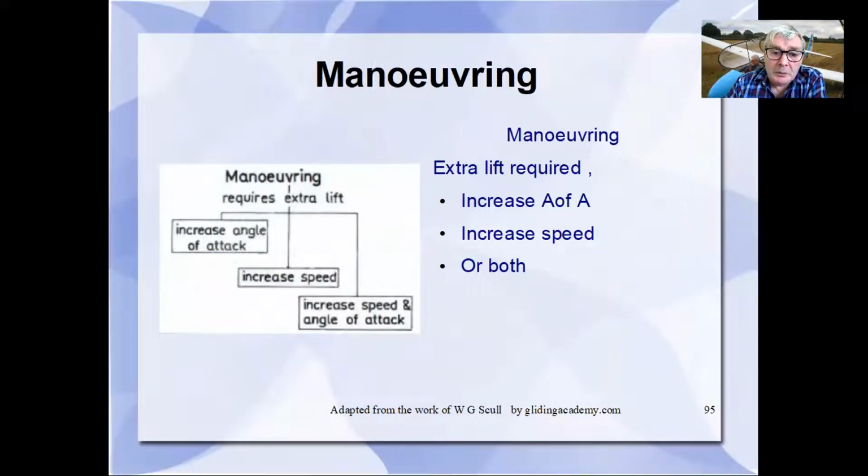So whenever we maneuver, we need extra lift. And we can get that either by increasing the angle of attack, or by increasing the speed, or indeed by doing both.